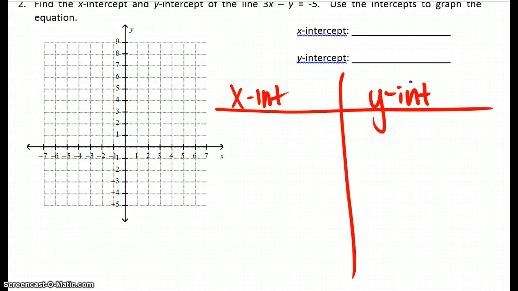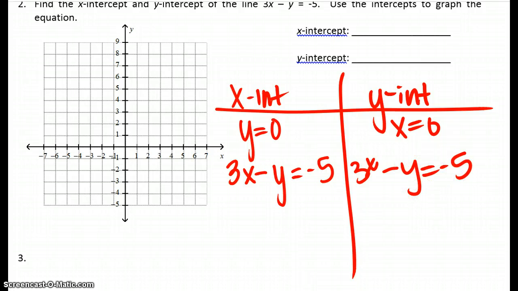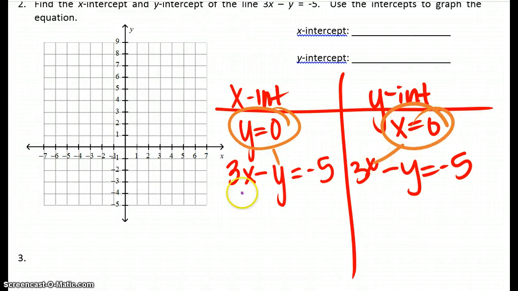To find the x-intercept, you set y equal to 0. My equation is 3x minus y equals negative 5. And same thing for the y-intercept, you set x equal to 0. So all you're going to do is plug in y equals 0 for y and x equals 0 for x.